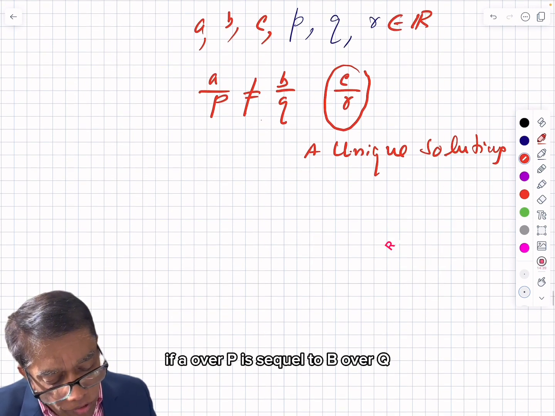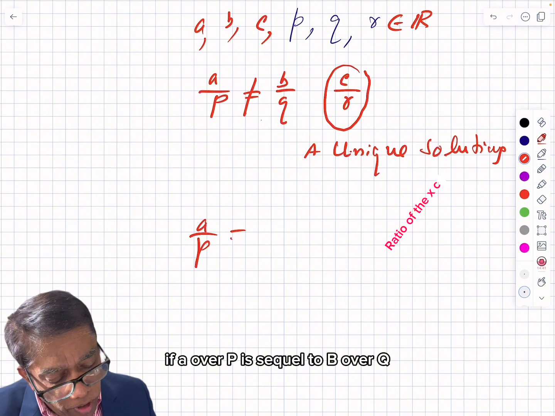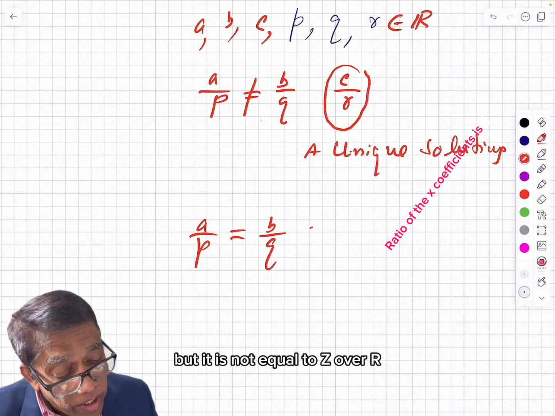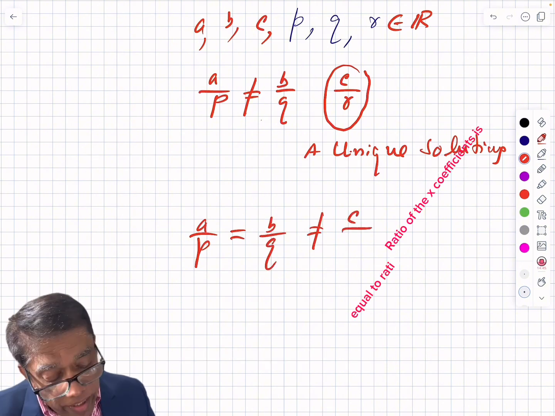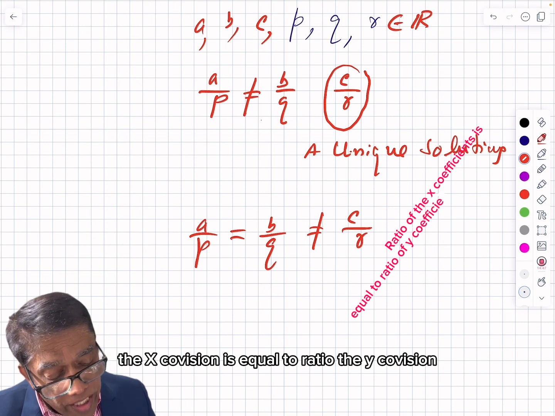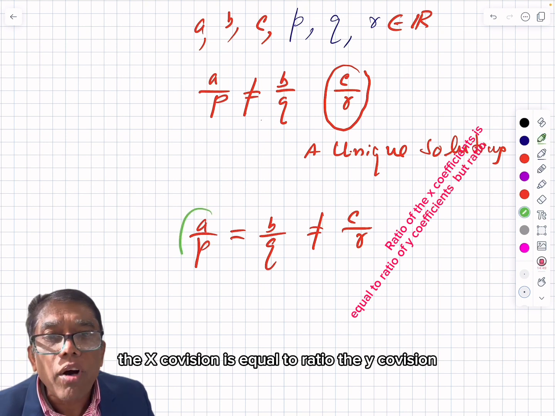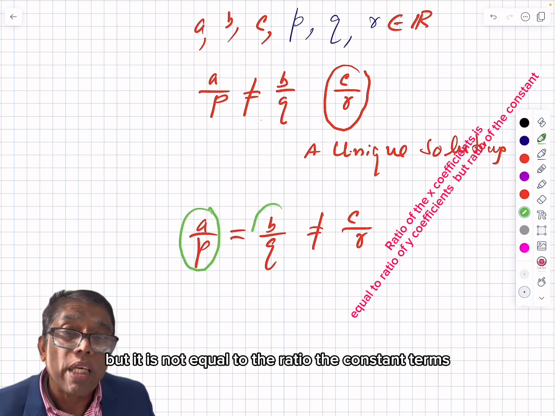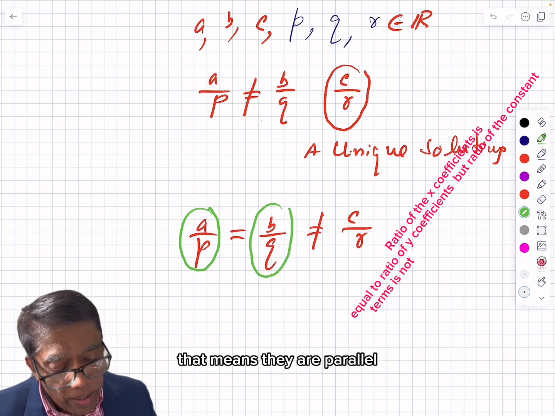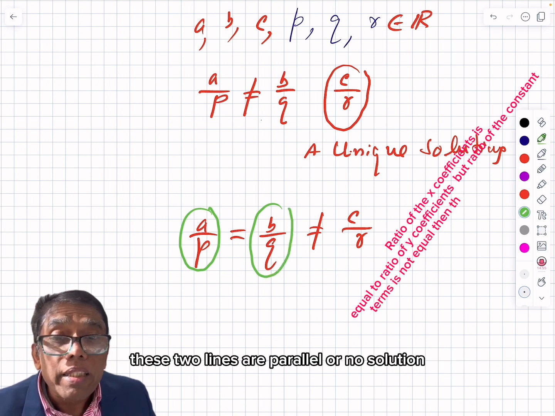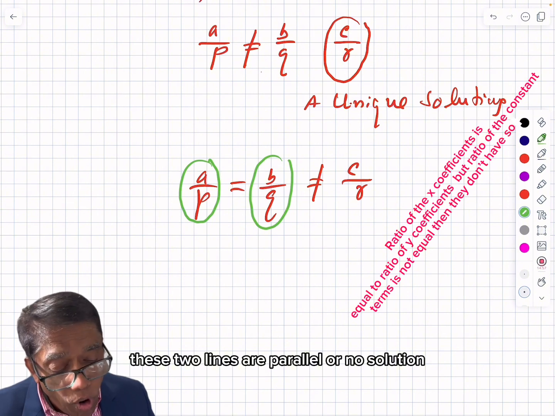If a over p is equal to b over q, but it is not equal to c over r, the ratio of the x coefficients is equal to the ratio of the y coefficients, but it is not equal to the ratio of the constant terms. That means they are parallel. These two lines are parallel, or no solution.